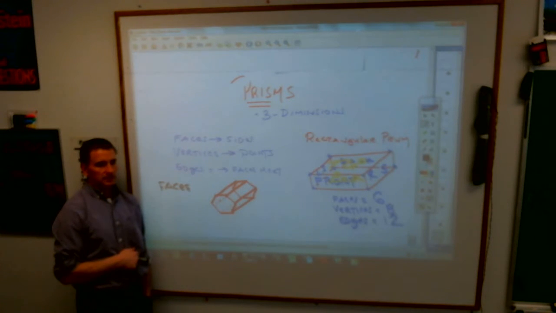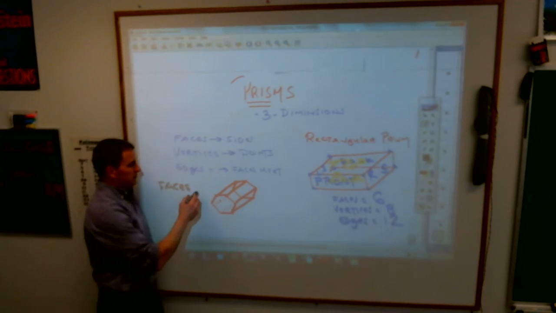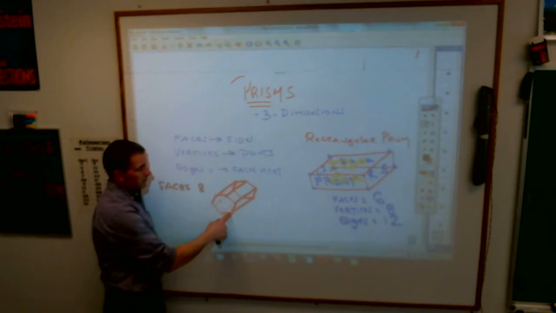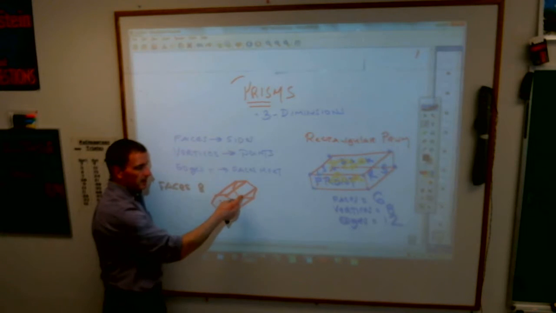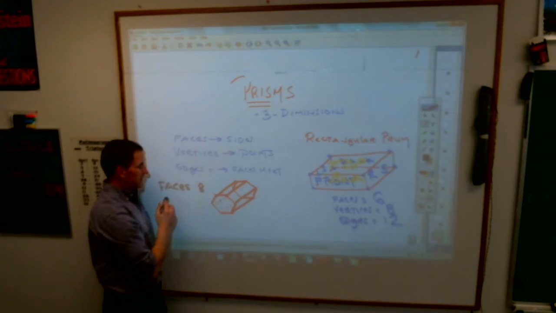Not quite that many. Zach? 11. No, you're going farther away. Lauren? 8. I get 8, because you've got this front and back hexagon, and then you've got the 6 sides that surround it. So there's 8 faces.